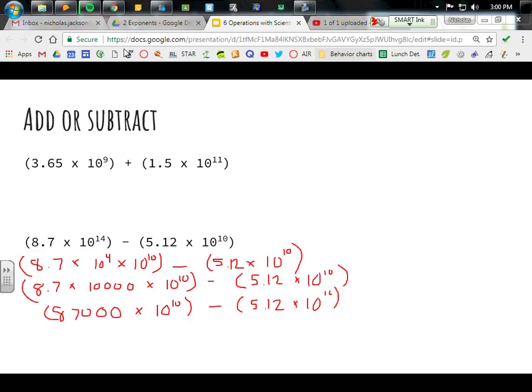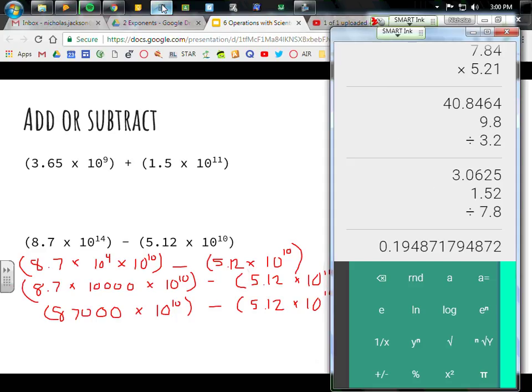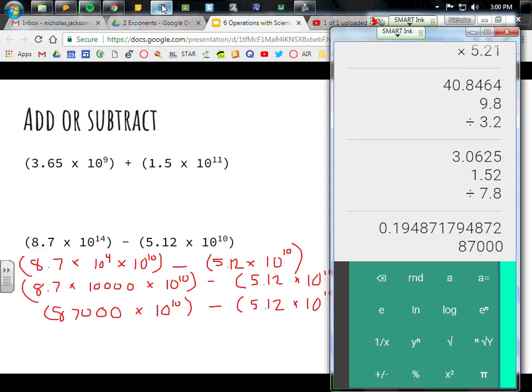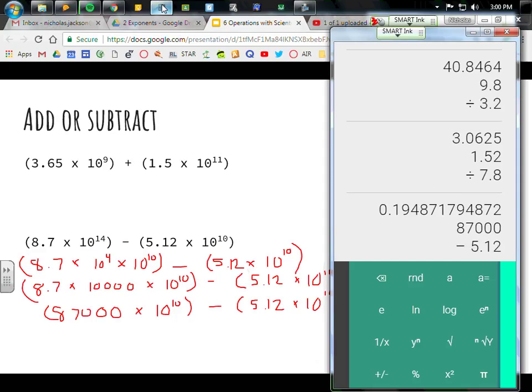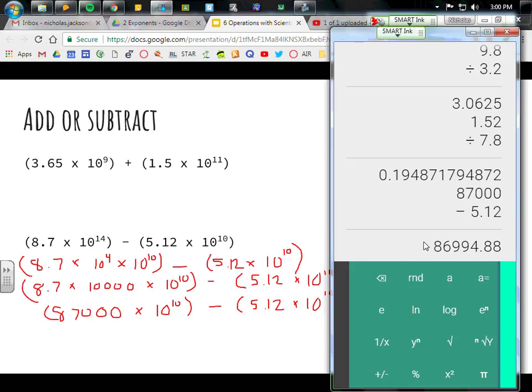Go ahead and subtract. So I'm just going to do this here for the sake of time. So we get 86,994 and 88 hundredths times 10 to the 10th.